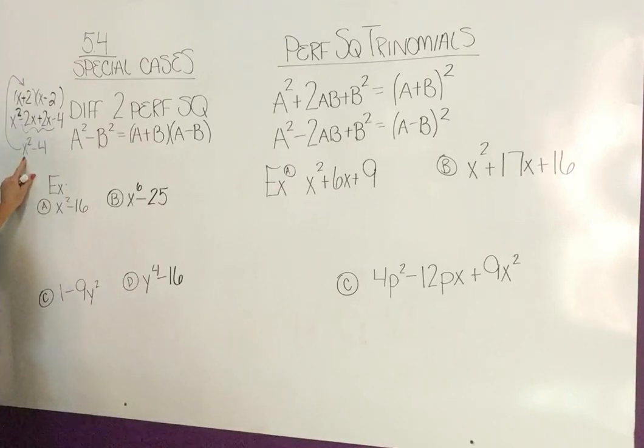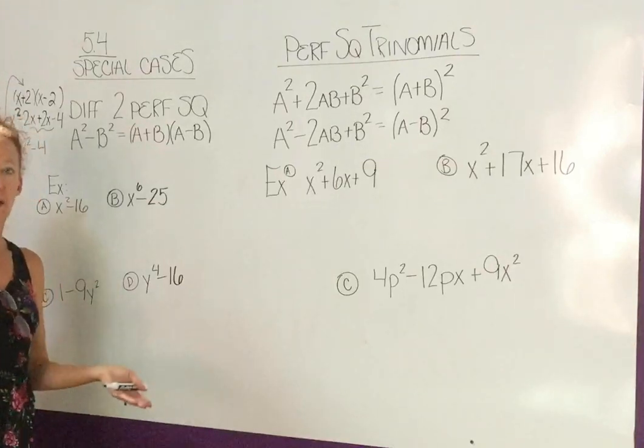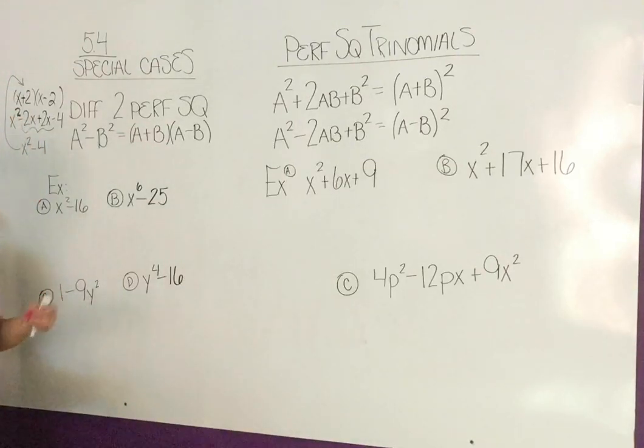X squared is a perfect square, it's x times x. So this is yet another type of factoring that we will use when we have a perfect square in the front, a perfect square in the back, and a subtraction sign between them, meaning difference. The difference of two perfect squares.